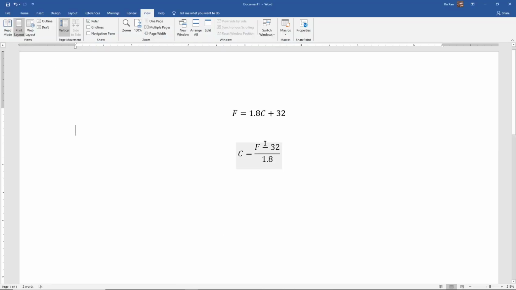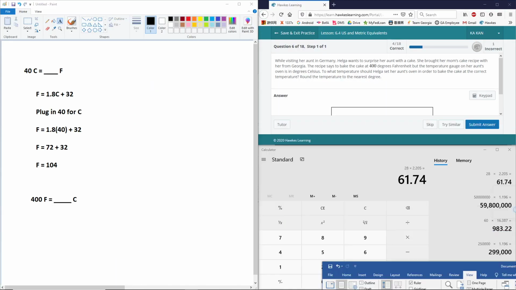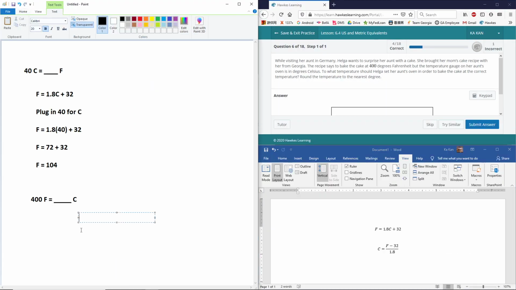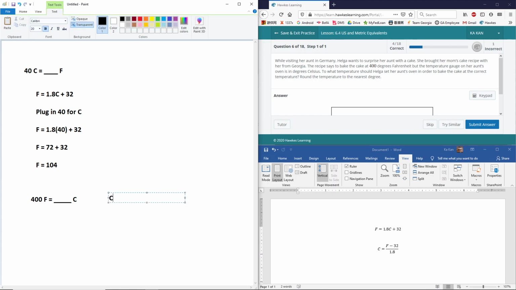go back to this thing. We can use a second formula. Let's type it in. So there will be C equals basically F minus 32 divided by 1.8.